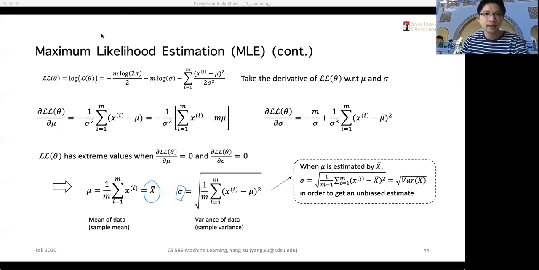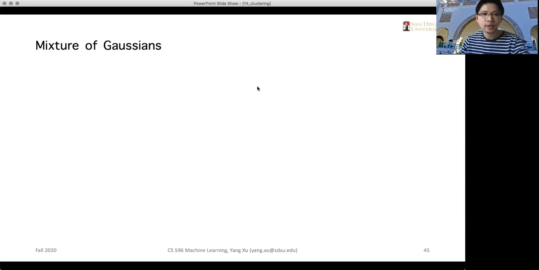All right. Now, having solved the one Gaussian distribution, we can look at the mixture of multiple Gaussians and see how they look.